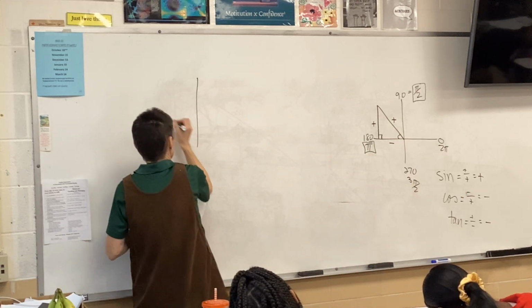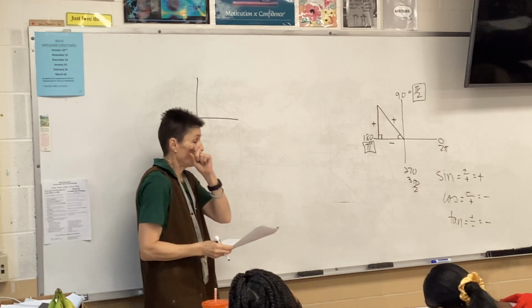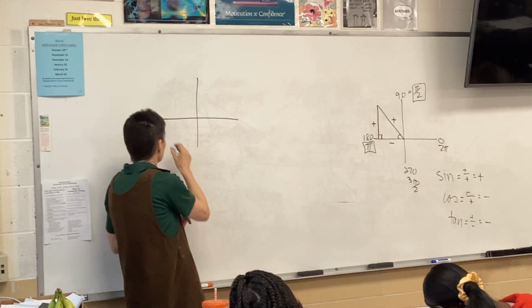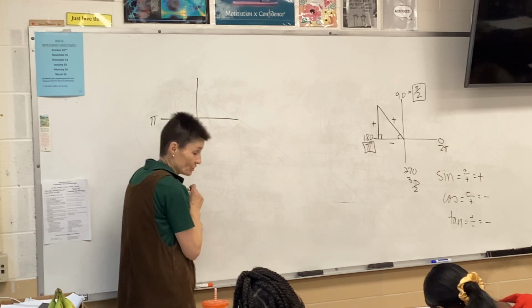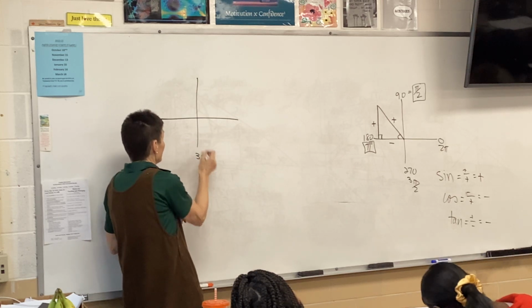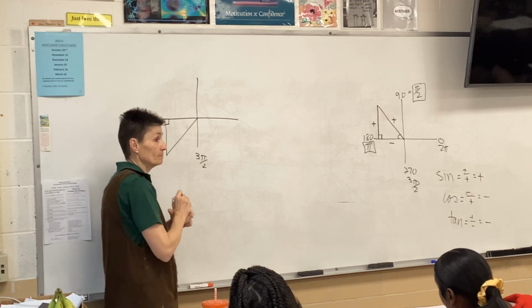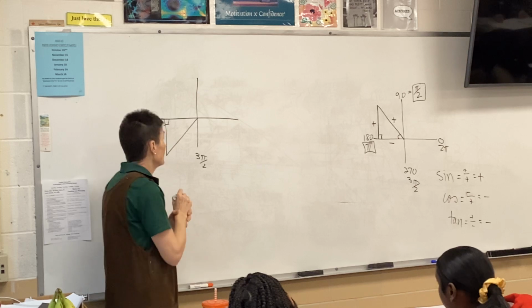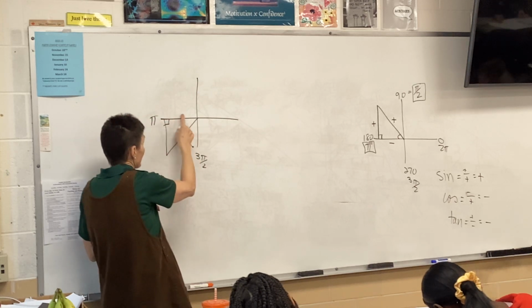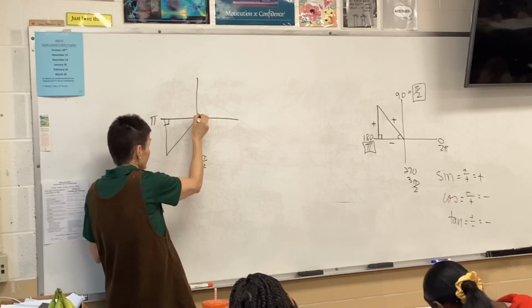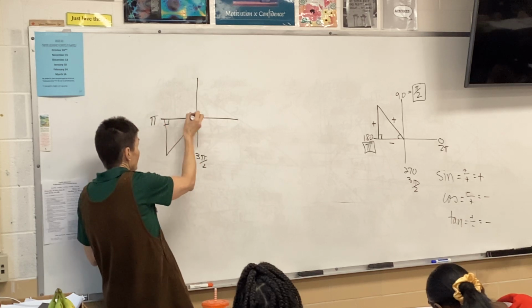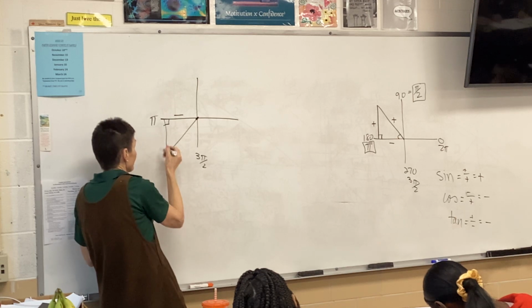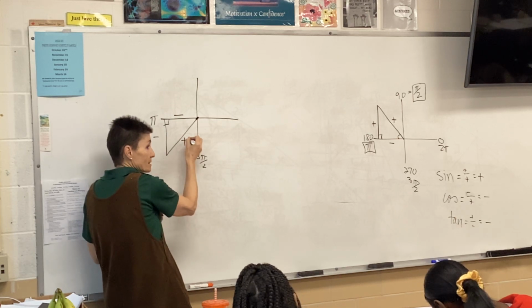All right, where's pi to 3 pi over 2? Where am I talking about there for this next problem? I have to be between pi and 3 pi over 2. Isn't that here in quadrant 3? Tell me about this side right here. I mean, this is the origin. Tell me about this side right here. Negative. What about this side? Negative. And this is always positive.